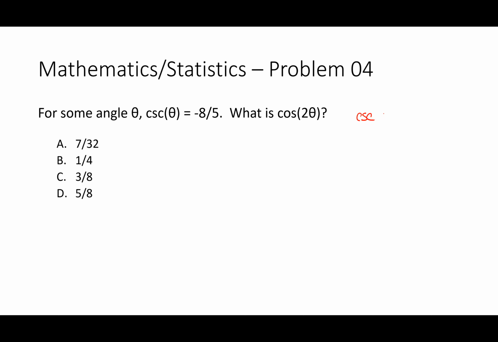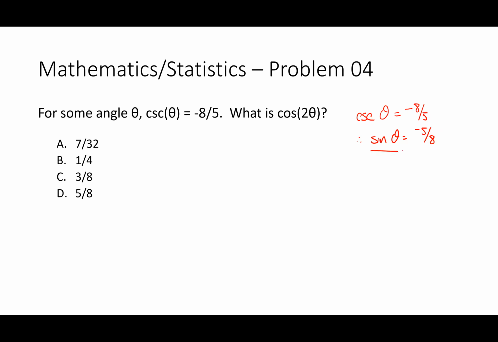If the cosecant of that angle is -8/5, if you remember, the cosecant is just the reciprocal of the sine. So we know that the sine of that angle is -5/8. And so this then becomes a trig identities problem.